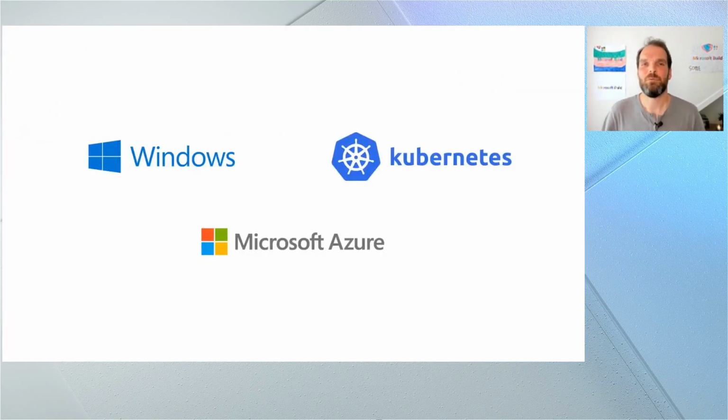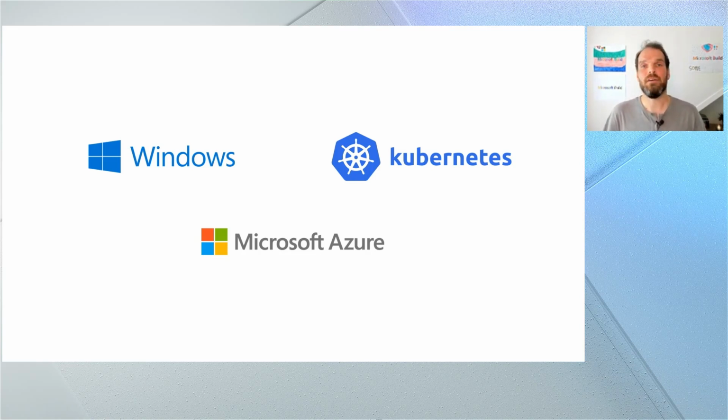Windows containers were introduced, or Windows Server containers were introduced in Windows Server 2016. And with Kubernetes 1.14, Windows Server containers gained production-grade quality in Kubernetes. Now, Windows Server containers and Linux containers are implemented using similar isolation mechanisms.